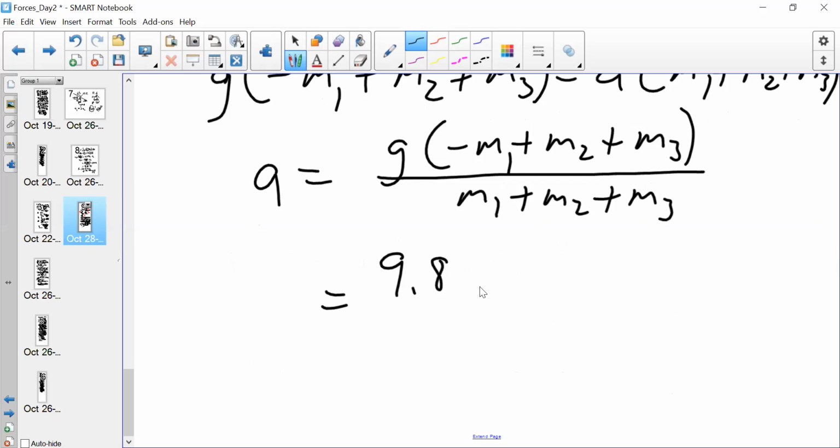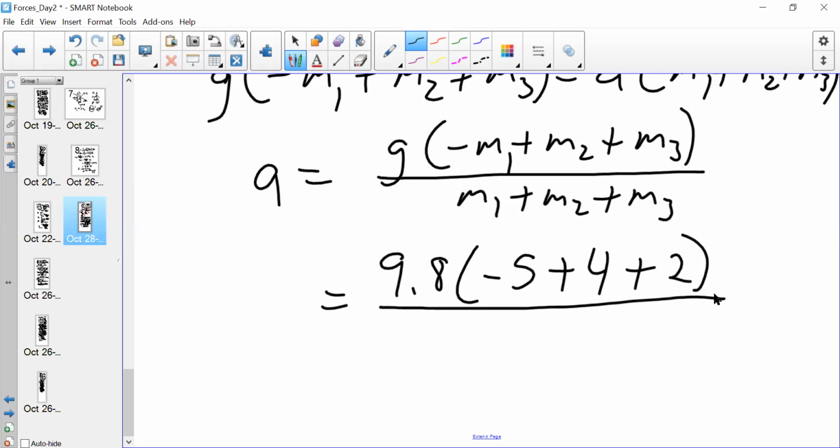So 9.8 or 9.81, negative 5, plus 4 kilograms, plus 2 kilograms. I wrote 3 there. Doesn't really matter, but keep the numbers consistent.